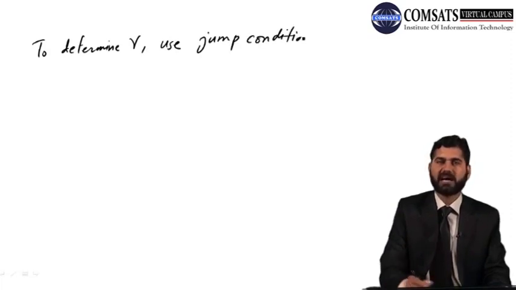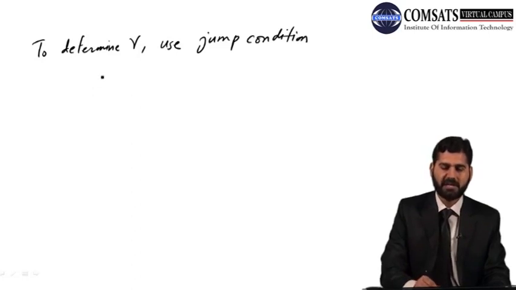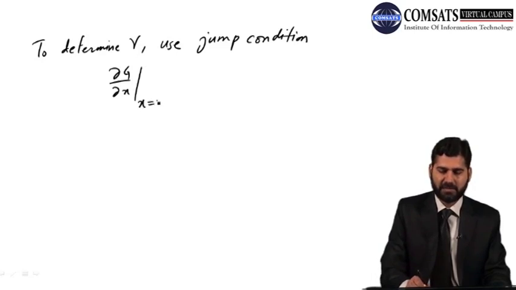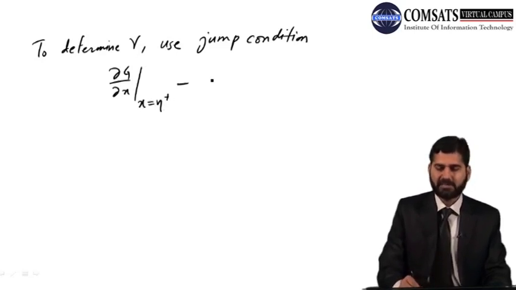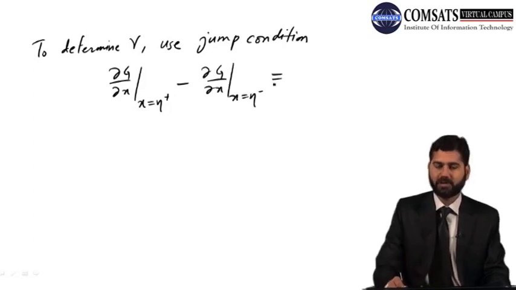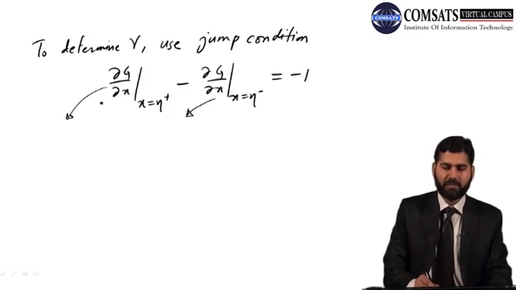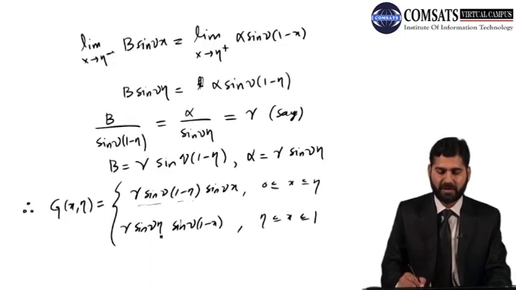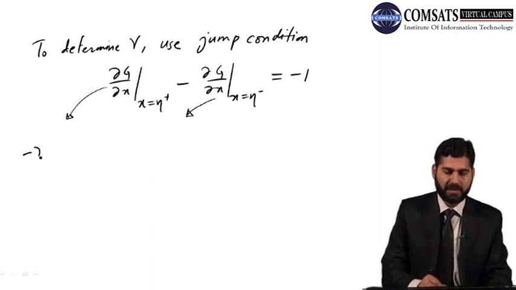So by using the jump condition, I'll get the Green's function completely determined. And the jump condition is what? Partial g by partial x at x equal to eta plus, minus partial g by partial x at eta minus, is equal to negative 1. All right, so partial g by partial x for the right hand side of eta, x goes to eta plus, will come from here: minus gamma sine nu eta and nu cosine nu (1 minus x).